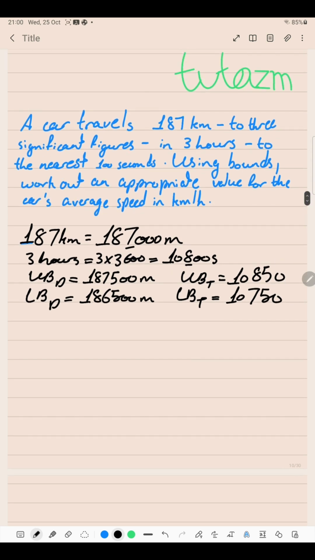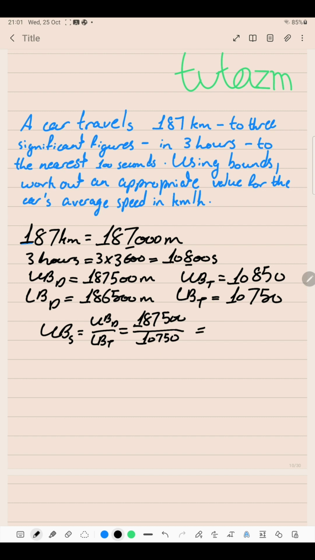We can work out our upper bounds and lower bounds for the speed then. So the upper bound for the speed is the upper bound for the distance divided by the lower bound for the time. So 187,500 divided by the lower bound of the time, 10,750.